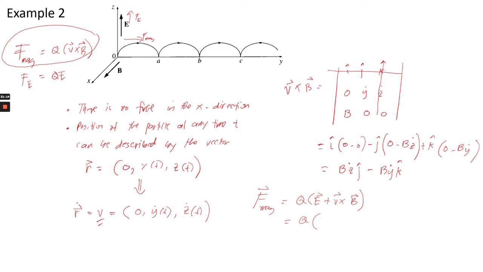We have E k hat plus your v cross B, which is B z dot j hat minus B y dot k hat. Okay?